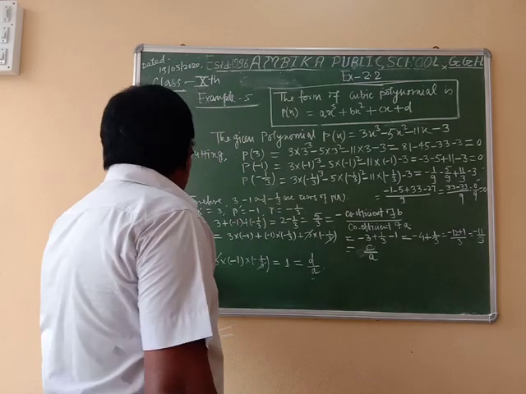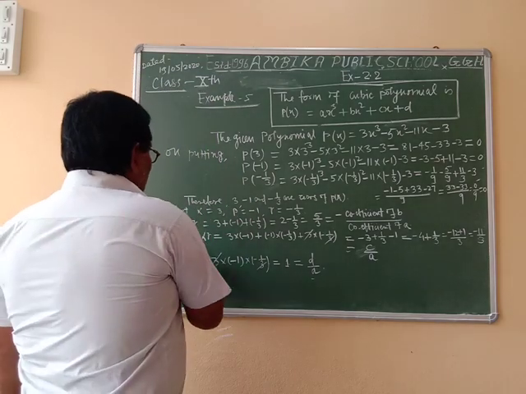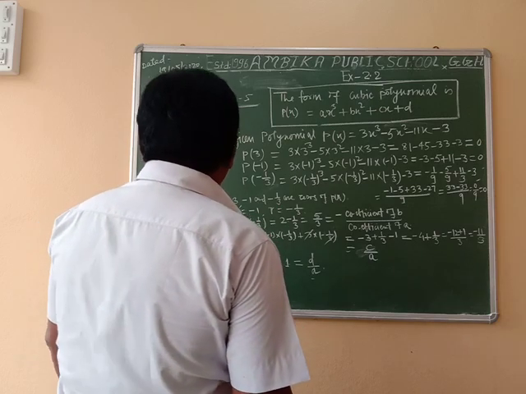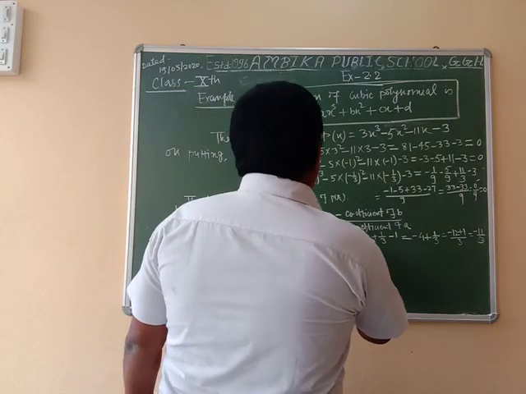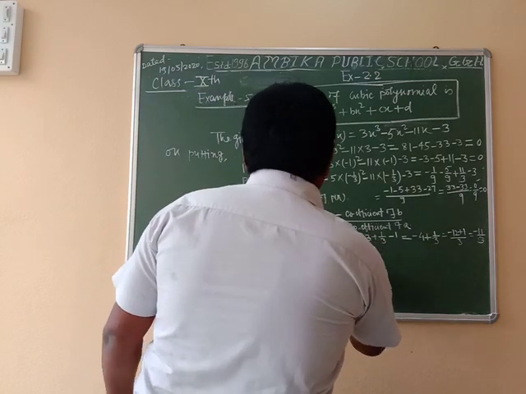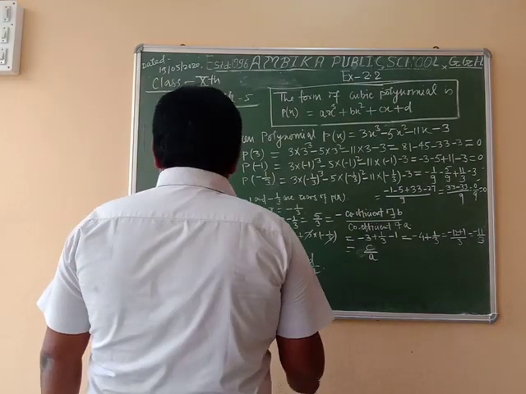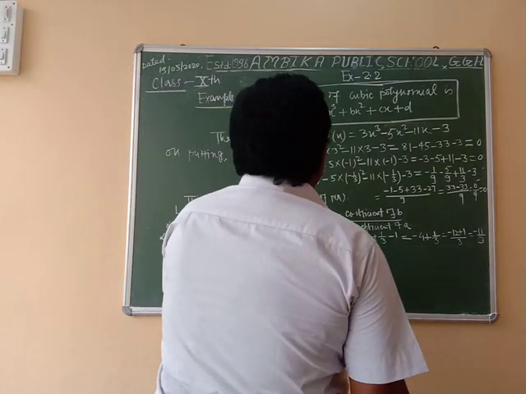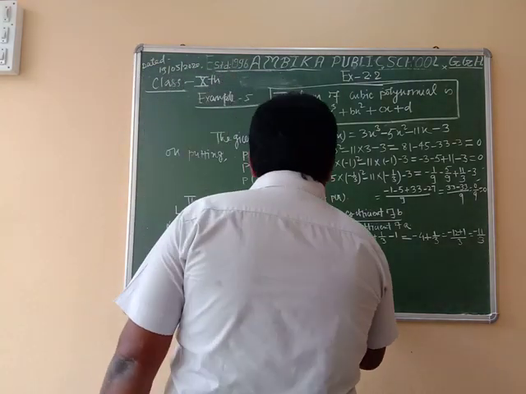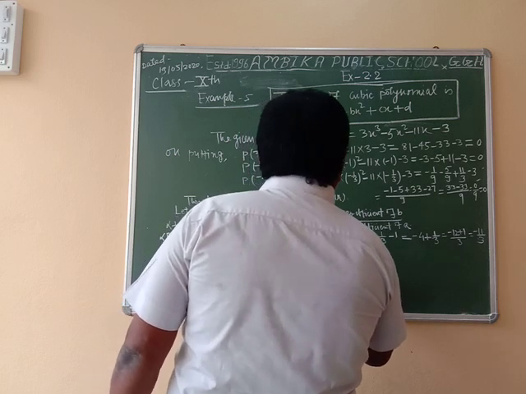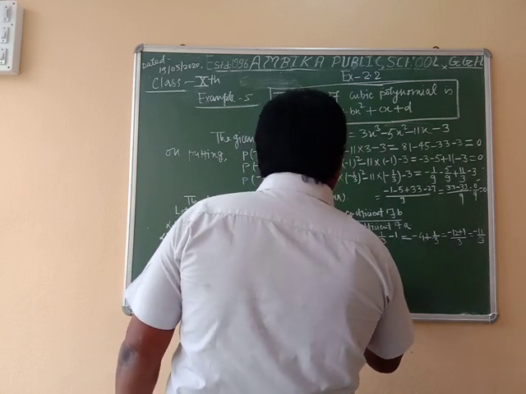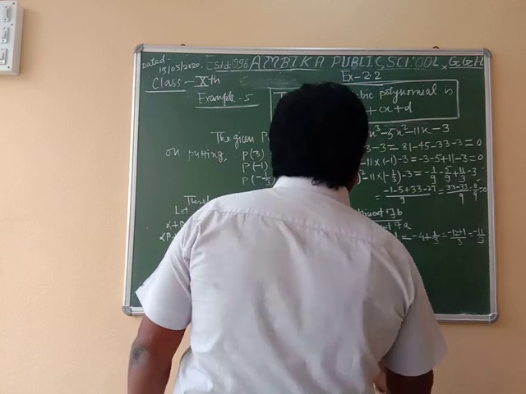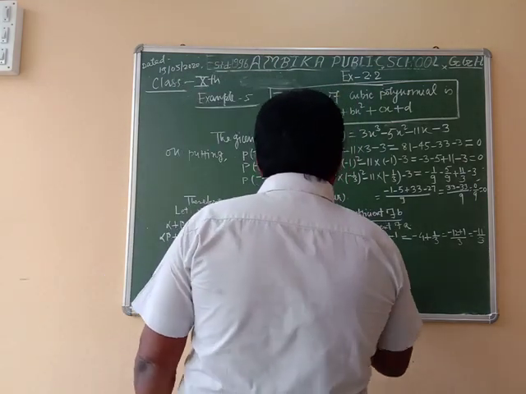And the value of alpha beta plus beta gamma plus gamma alpha is equal to c by a, and the value of alpha beta gamma is equal to 1, which we can write as d by a.